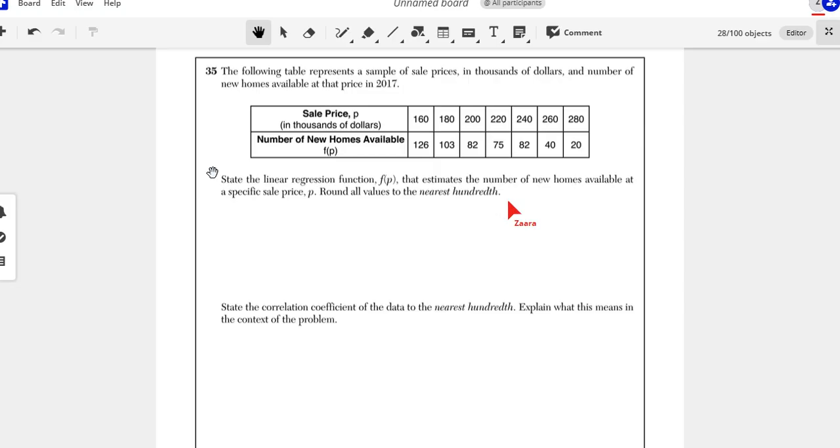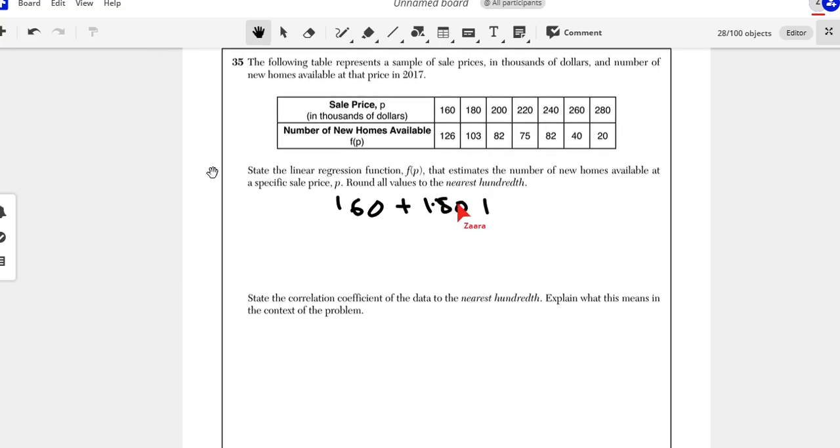So first you have to add all the values. I can just move to the calculator. 40.